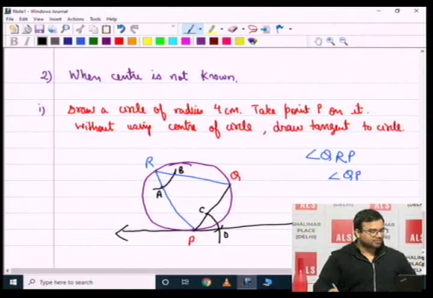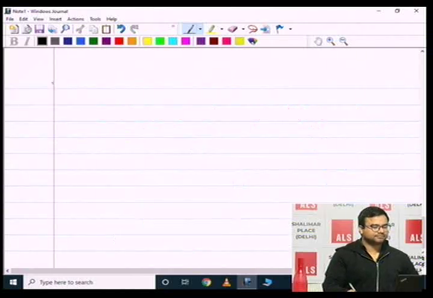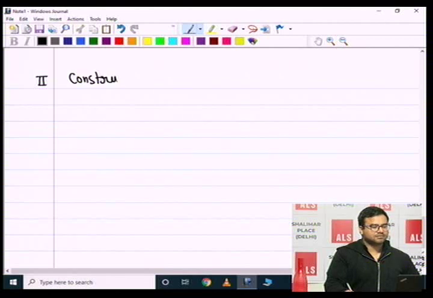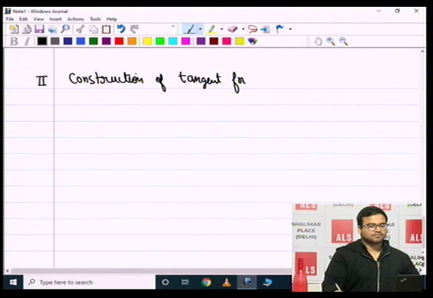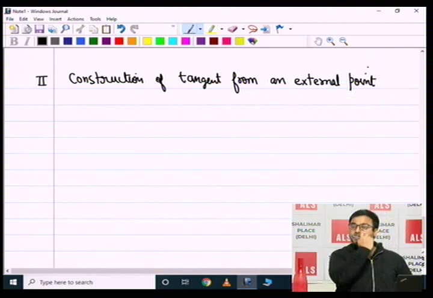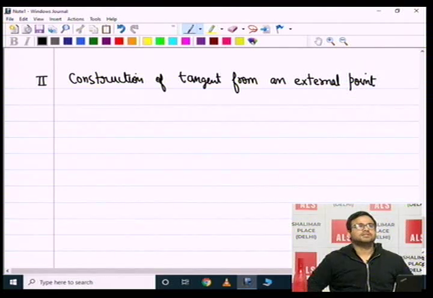Okay. Now the second part, the second type: construction of a tangent from an external point.